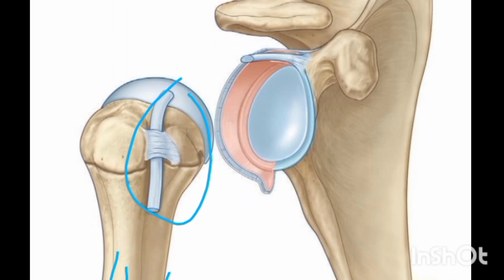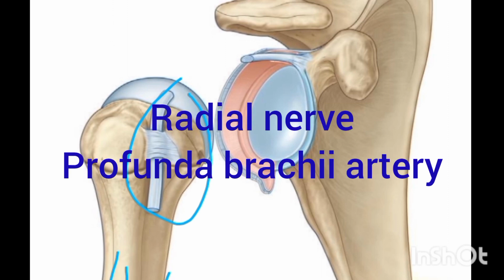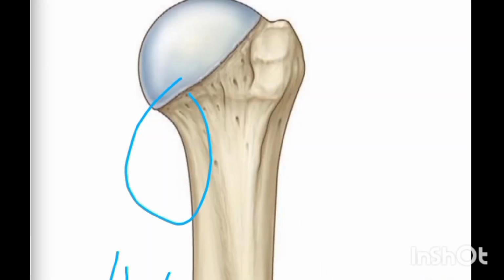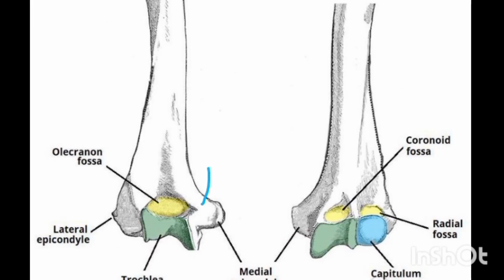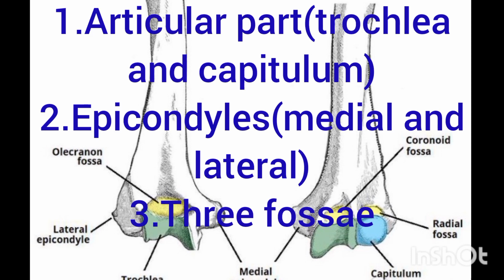Now what are the contents of this radial groove? Your radial nerve and your profunda brachii artery. You can see the oblique radial groove. Now, the lower or distal end of the humerus bone. The lower end of the humerus has the following features: your articular part, which is the trochlea and your capitulum.